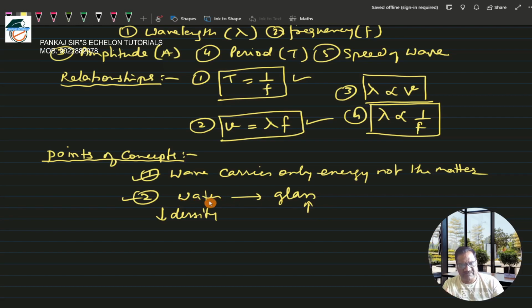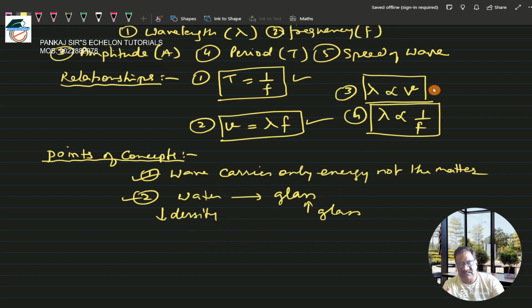So whenever a transverse wave is traveling from water to glass, the speed of that wave is reduced. When the speed of the wave is reduced, we can say that the velocity is reducing.